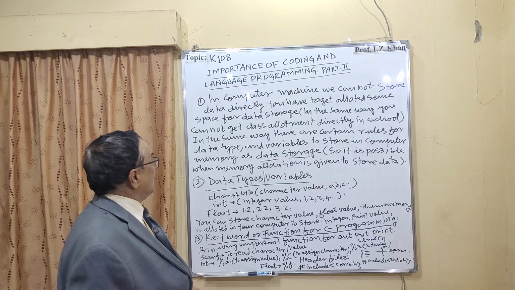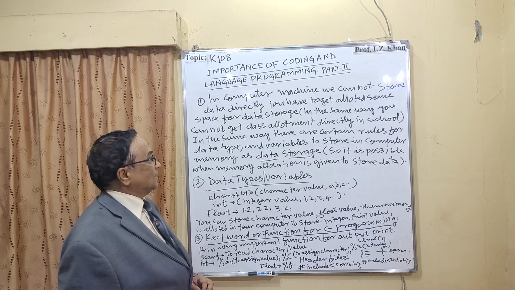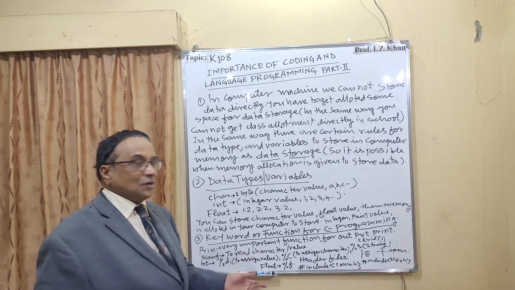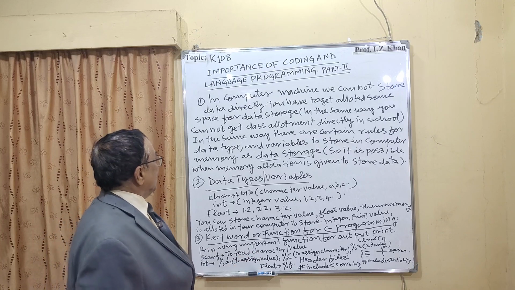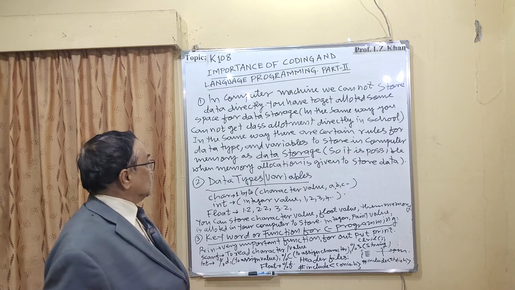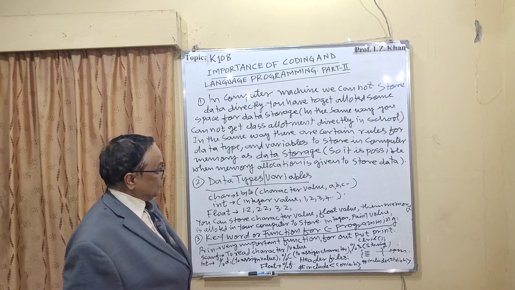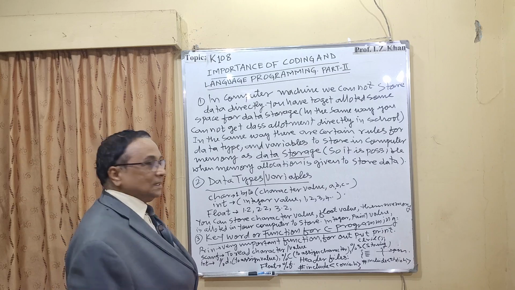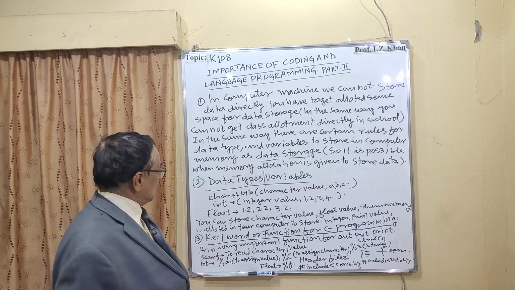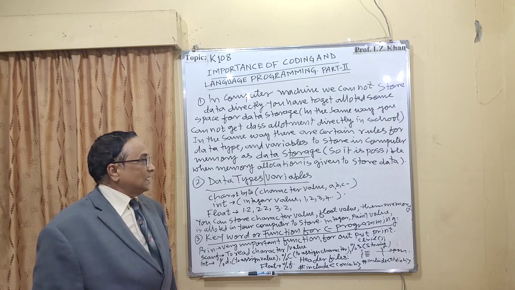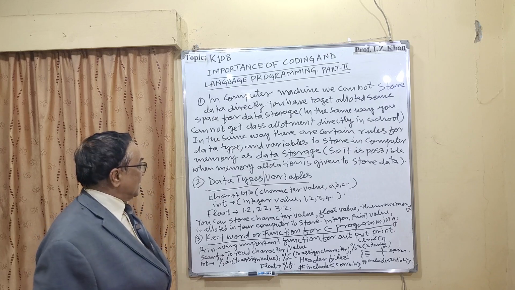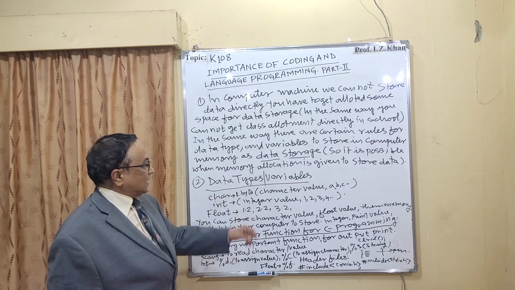In the same way, you cannot get class allotment directly unless you follow some procedure in school. In the same way, there are certain rules for data types and variables to store data in computer memory. It is possible when memory allocation is given to store the data. So first are data type variables.